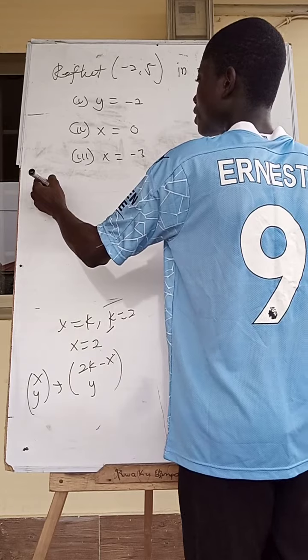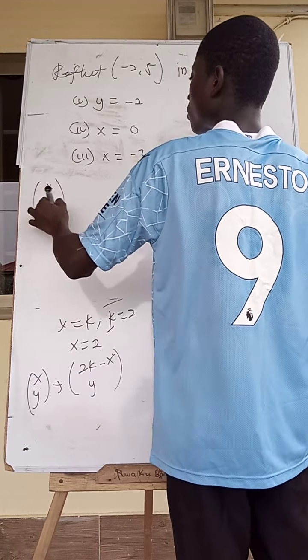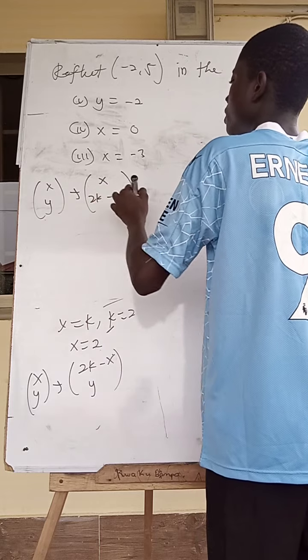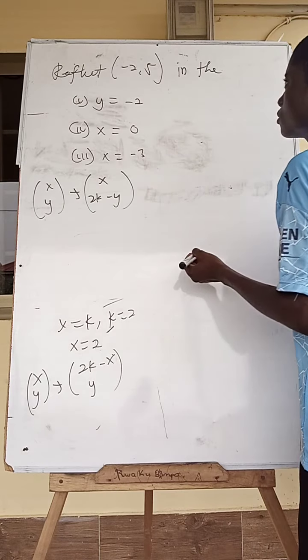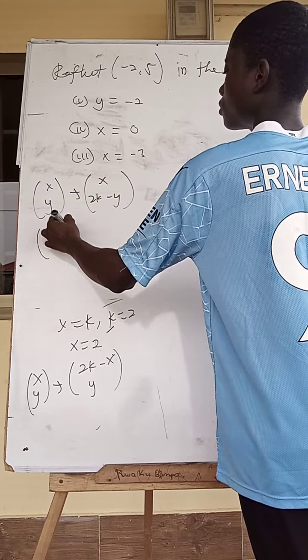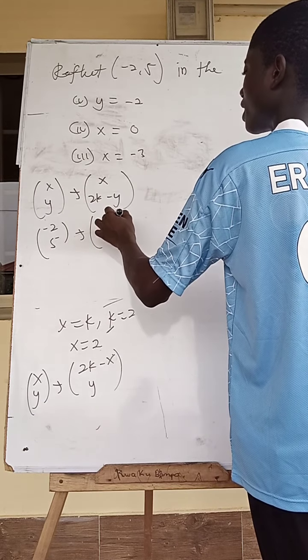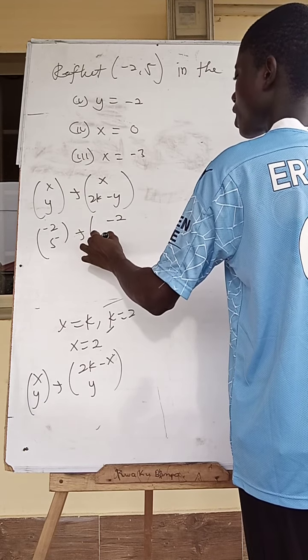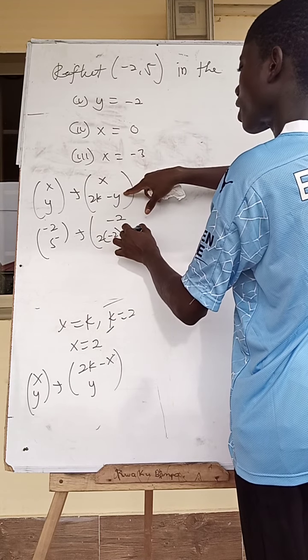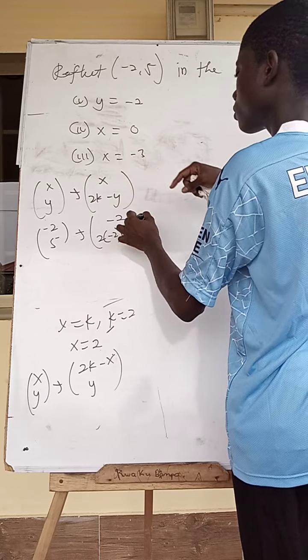So the first one, reflection in the line y equal k is (x, 2k minus y), and you are aware. So here the point is negative 2 and 5. So x is negative 2, we are having 2k, k is negative 2, minus y, which is 5, right?